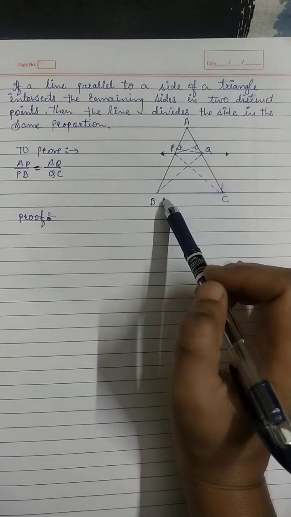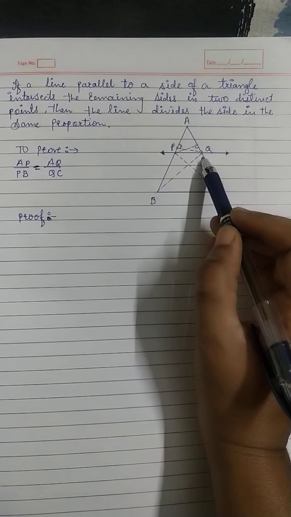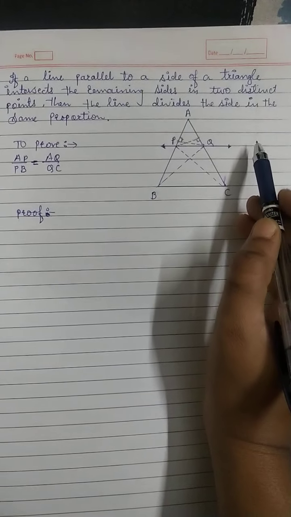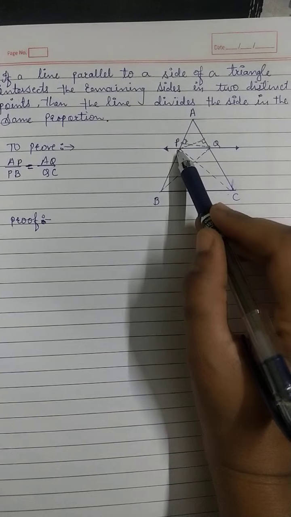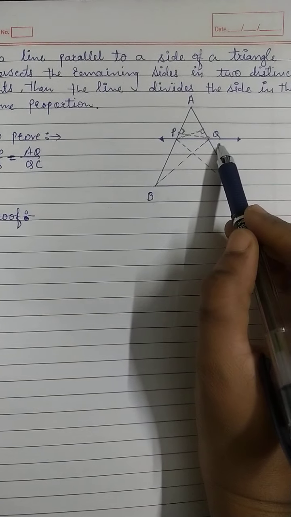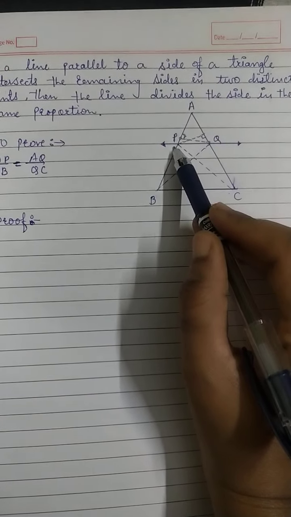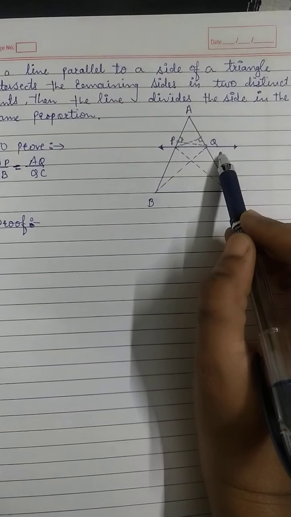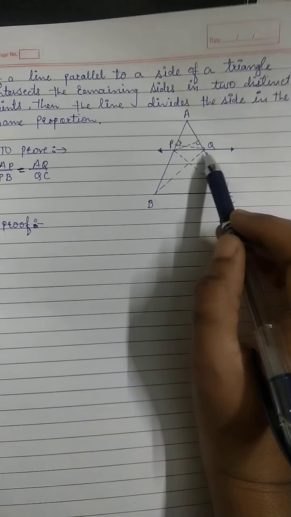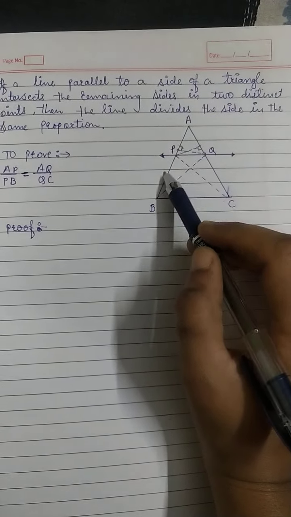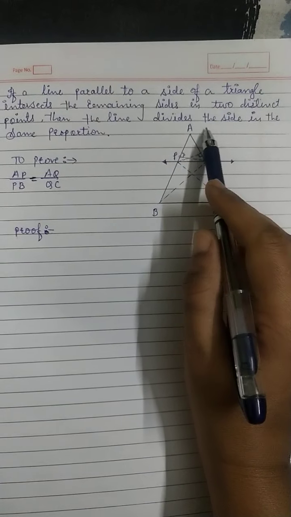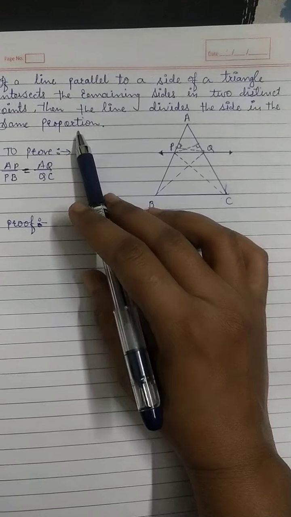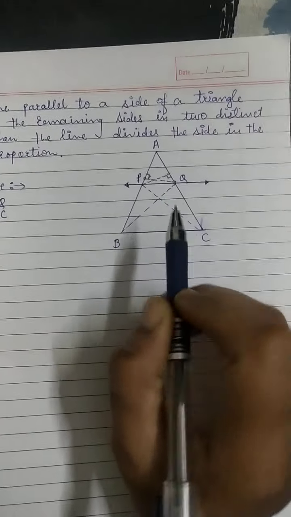ABC is a triangle and line PQ is intersecting the two sides of the triangle, that is AB and AC, in two distinct points, that is P and Q. If it is dividing both sides in two distinct points, then after dividing, the sides must be in proportion. That is what we have to prove.